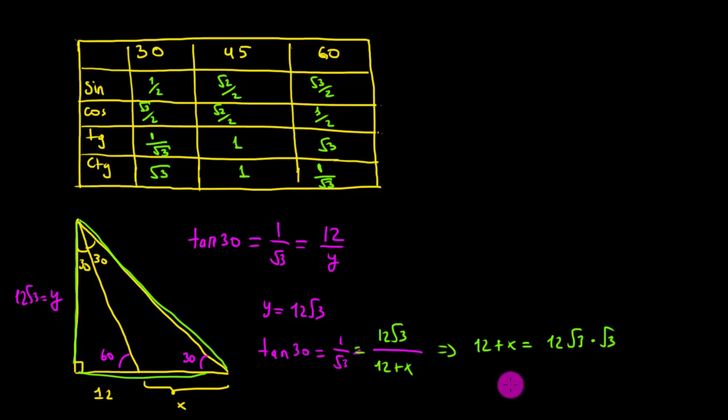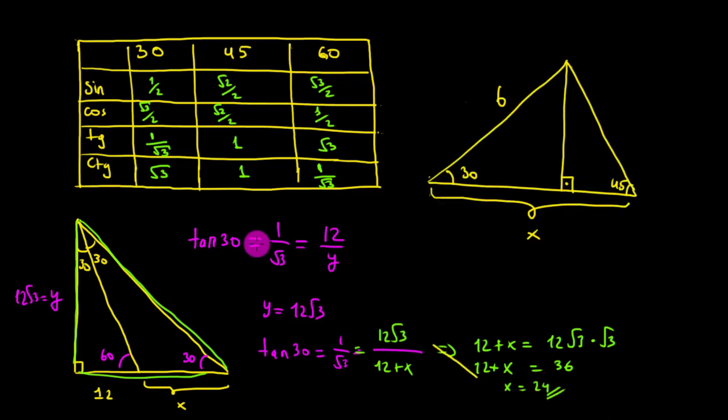So x would be equal to, here you have 12 times 3, it will be 36, so x is equal to 24.